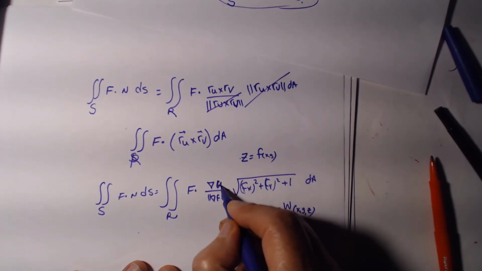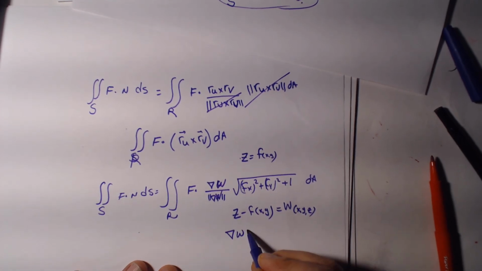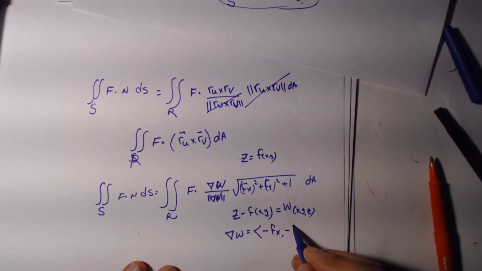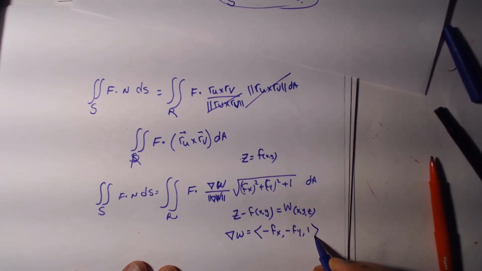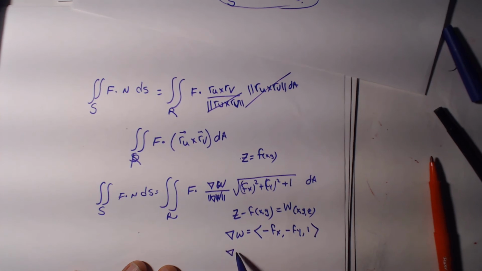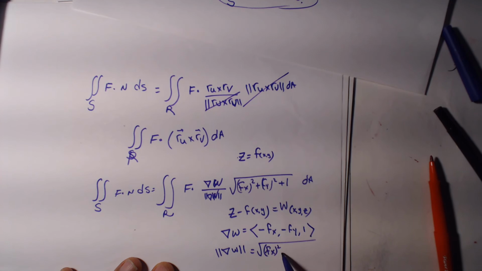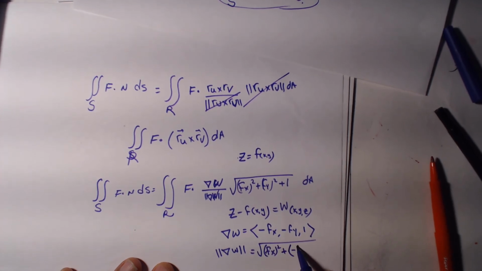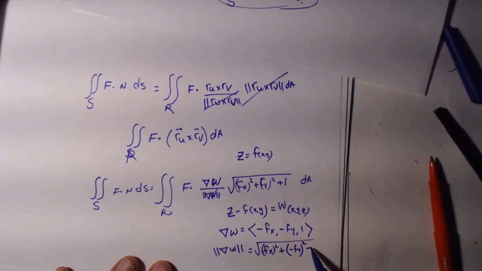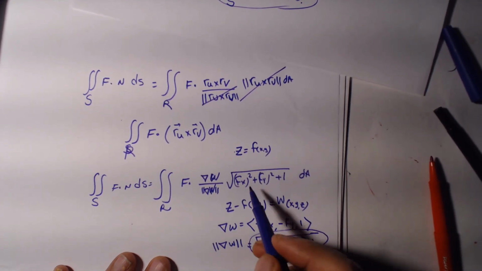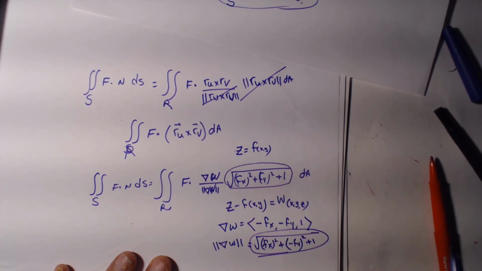Let me call this one w. The gradient of that w is negative partial derivative of x, negative partial derivative of y, and 1. But what is the magnitude of the gradient? Negative partial derivative of x squared, which becomes positive, negative partial derivative of y squared, which becomes positive, plus 1. If you look at the magnitude of the gradient, it is exactly what?